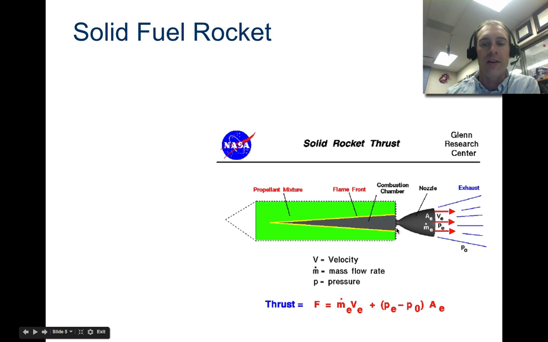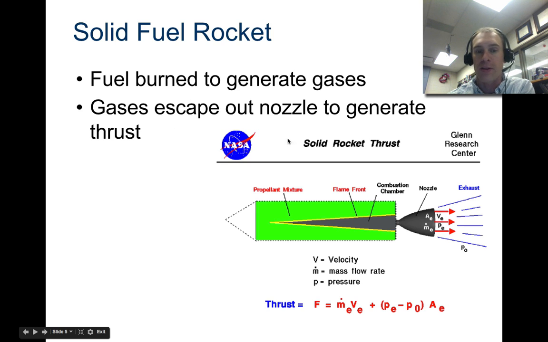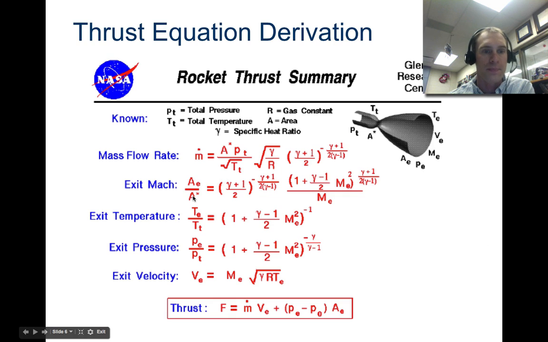That shape can vary, and depending on how fast you want something to burn will depend on that shape. So your flame front is this yellow area. That's the part that's combusting. It's burning away this material, and it's oxidizing with just the oxygen that is set around this thing. And then it's combusting here and exploding out the back. So it's burned to generate gases, it escapes out the nozzle to generate thrust, exactly the same.